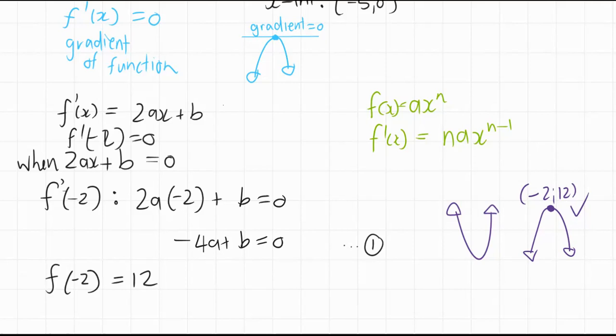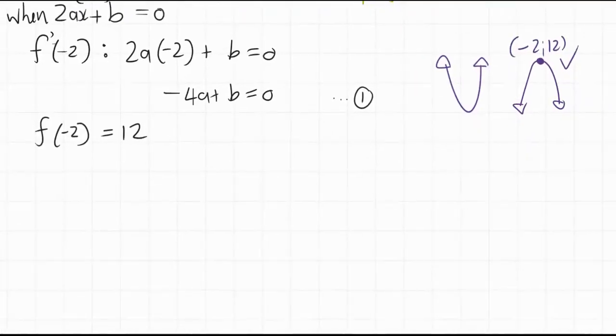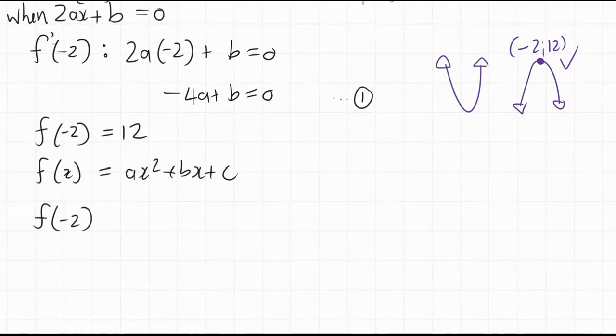Okay, so let's do this working. Our f of x was ax squared plus bx plus c. Wherever we see the x's, we can interchange them for negative 2. So f of negative 2: a times negative 2 squared plus b times negative 2 plus c must be equal to 12.